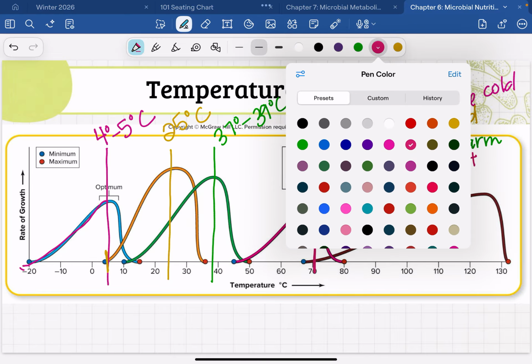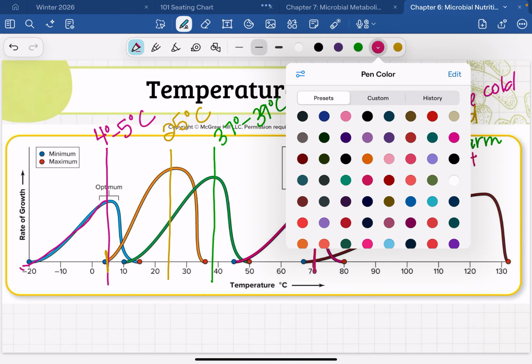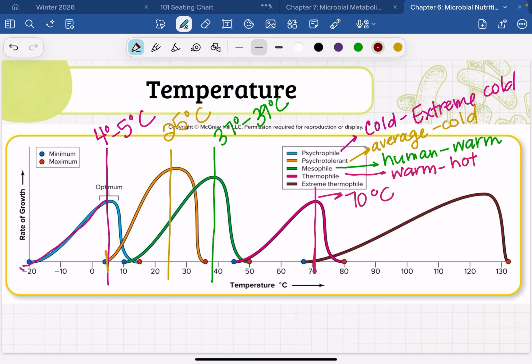And then our last one is going to be the extreme thermophiles. Their average optimum temperature is about 125 degrees Celsius, which is above boiling. So they are perfectly happy growing above boiling temperatures. That is places like lava flows.